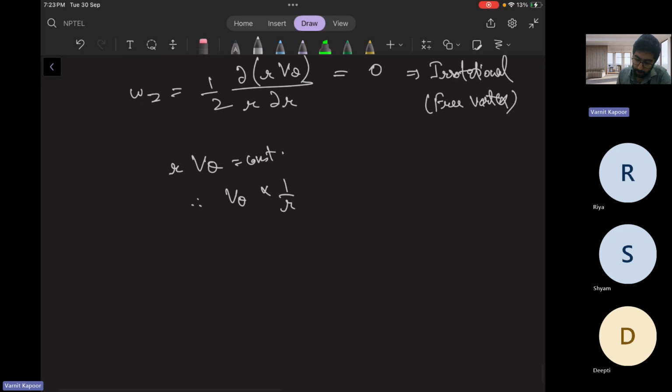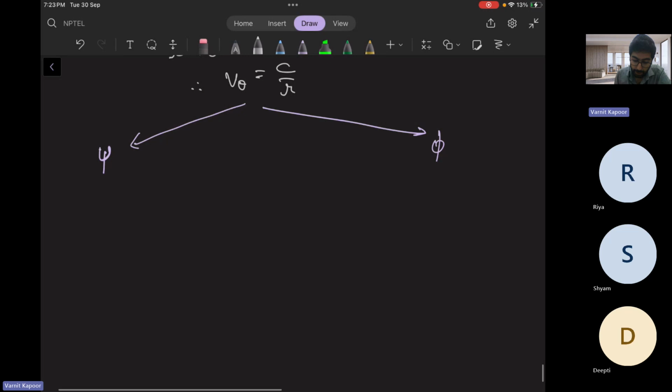So I can just write v theta is equal to C by r, and I can bifurcate it for two functions because both psi and phi will be defined. So how do you get psi and phi? You know that v theta is nothing but dou psi by dou r, and v theta is C by r, constant by r.